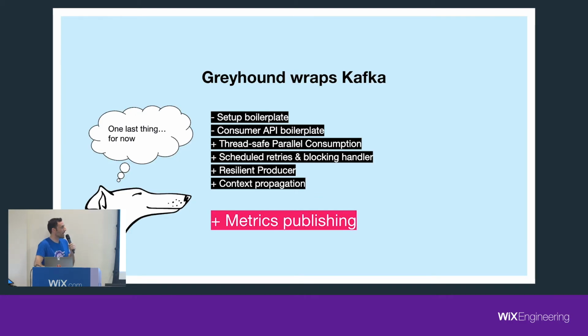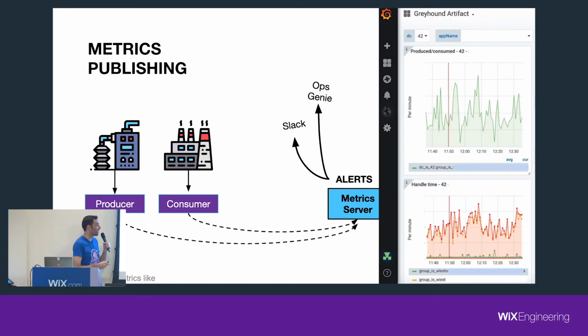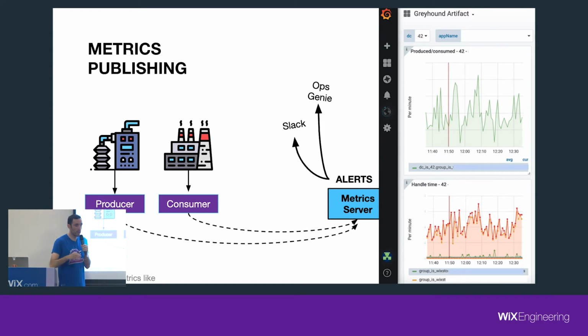OK, one last Greyhound feature is metrics publishing. So that's very important for production monitoring and debugging. And we have quite interesting metrics that we have on top of what Kafka has to offer in itself. For instance, we have a metric for seeing what's the longest running handler at the moment.